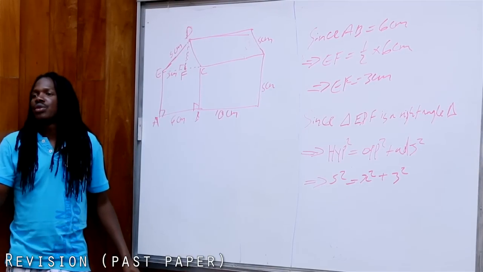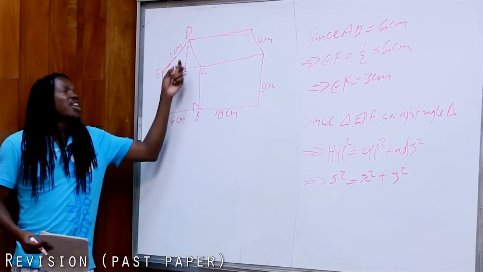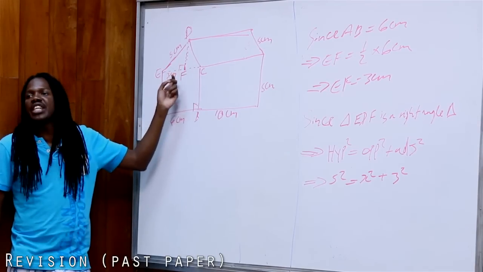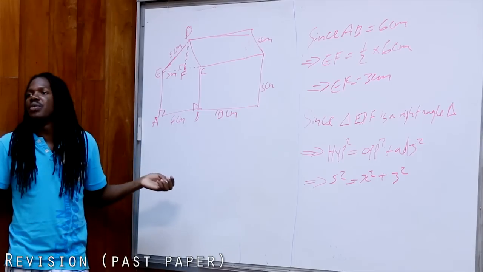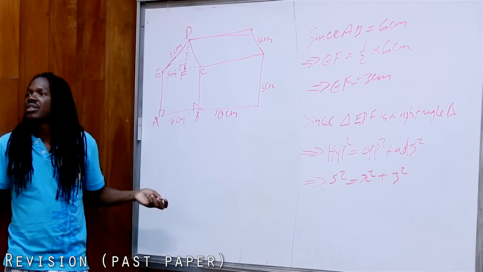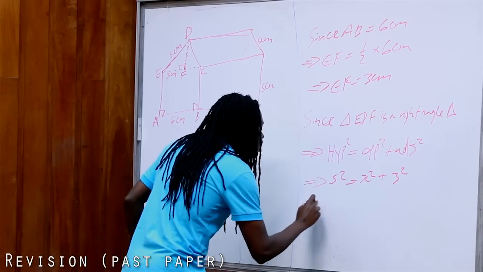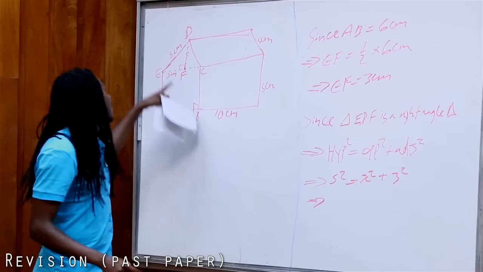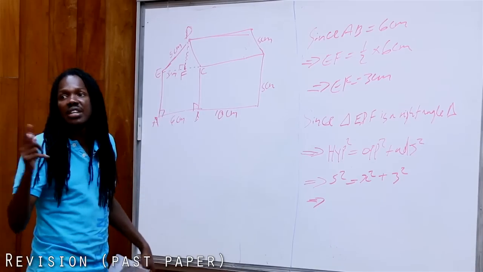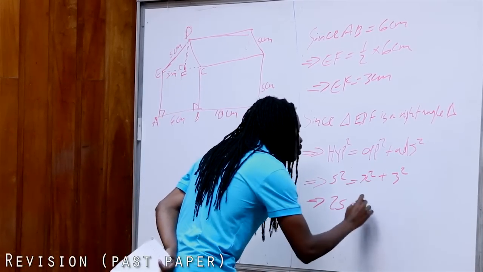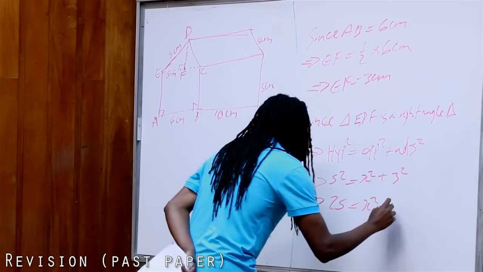The way in which you add numbers doesn't affect the result, so any one of them can be the adjacent and the opposite. Everybody see that? Good. You can't know the opposite unless you have another angle other than the 90-degree angle. So this implies 25 equal to x squared plus 9.